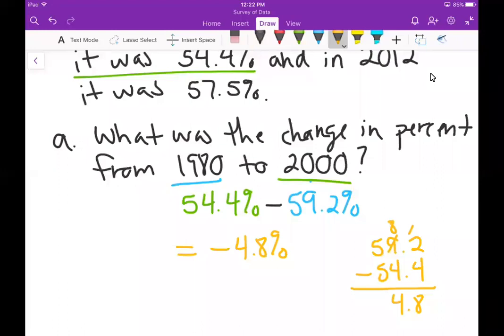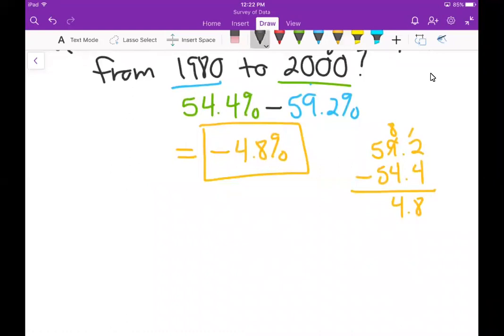So what was the change? Not 4.8%, but negative 4.8%, to show that it decreased by 4.8% from 1980 to 2000. Okay, can you do that same thing and find the change instead from 2000 to 2012?